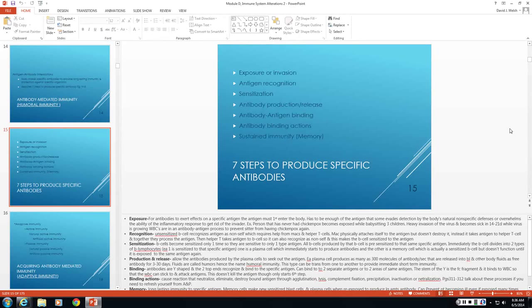Okay? Your antibody production and release allows the antibodies produced by the plasma cells to seek out the antigen.